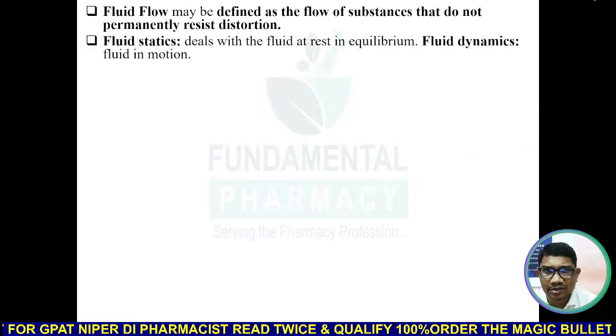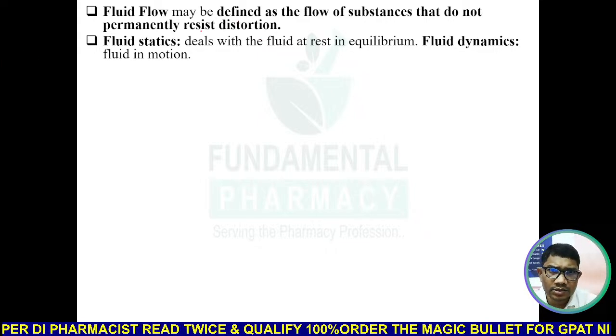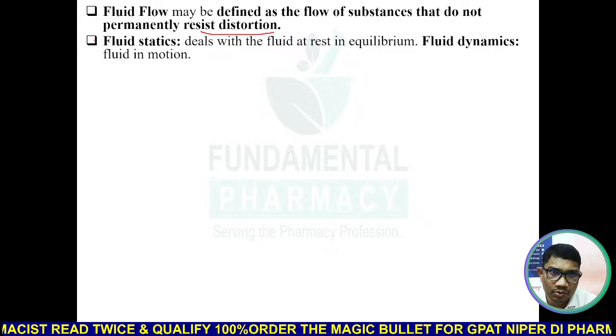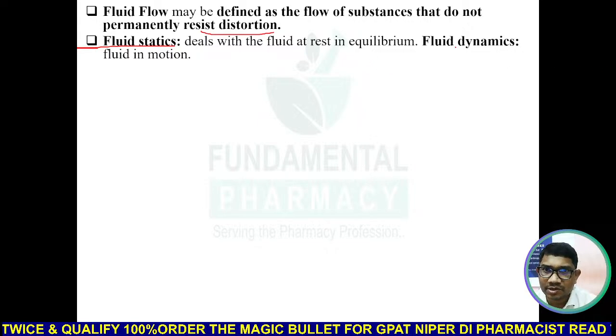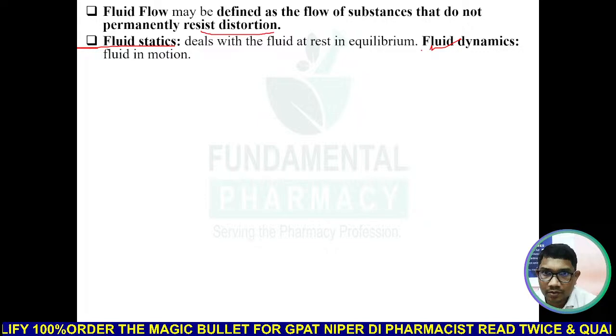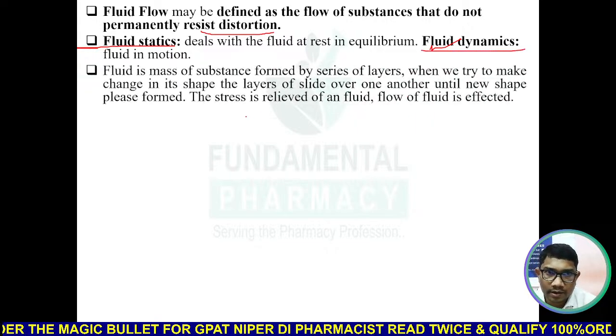So that is nothing but the flow of substance that does not permanently resist distortion. There is a technical definition. Statics means fluid at rest, and fluid dynamics means fluid in motion, right?